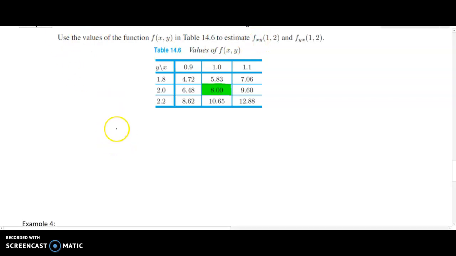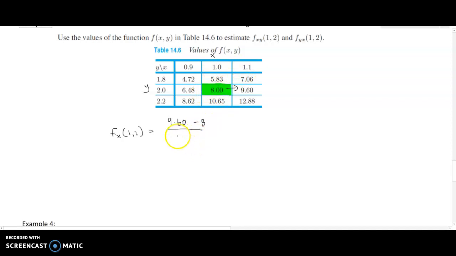So if I first look at f sub x at the point 1, 2, I'm asking what happens to the z value, or what's an estimate of what happens to the z value if I increase x by 1. So here's my x values, here's my y values. So if I increase x by 1, I see that the change is from 8 to 9.6. So the change there is going to be an increase of 1.6 units.